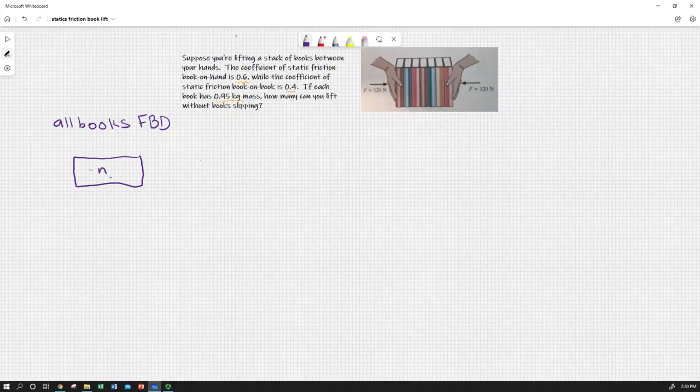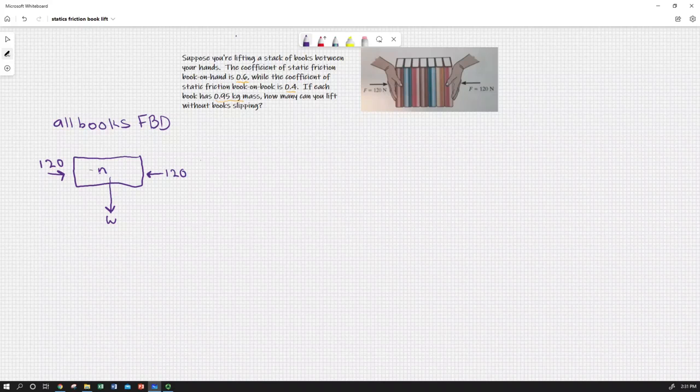If I put those all together, I'm going to have a weight force acting on them. I'm going to have 120 newtons pushing to the right with the person's hand, and the stack of books is not going to accelerate to the right because the person who's holding the books is going to apply 120 newtons with their other hand.